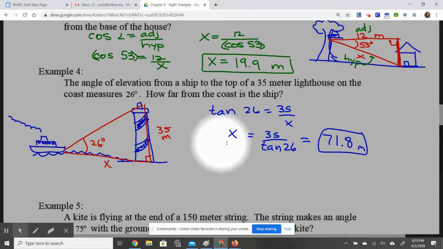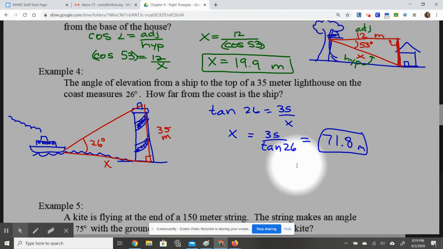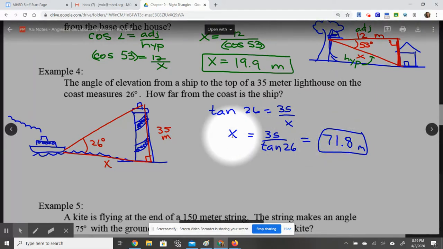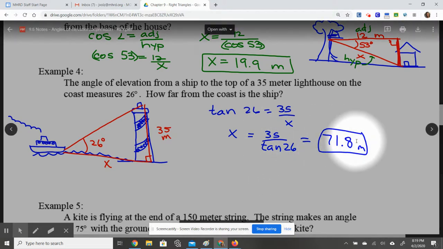So x can be isolated by just swapping it with what's over here. x equals 35 over tan of 26. If you don't believe me, go ahead and make this into a fraction, put a 1 underneath, cross multiply, and solve for x. You will get 35 over tan of 26, which in the calculator comes out to 71.8 meters.